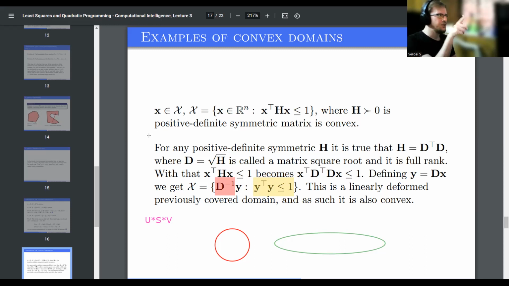Then everything else is stretched, but linear transformations do not make convex things non-convex. By the way, that is also something you can prove: a domain cannot become non-convex after being deformed by a linear transformation. That is an interesting thing to try to prove.